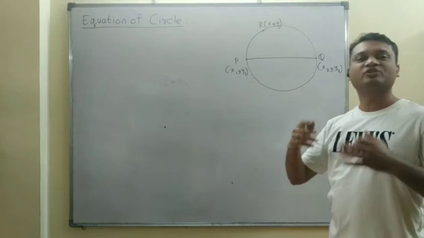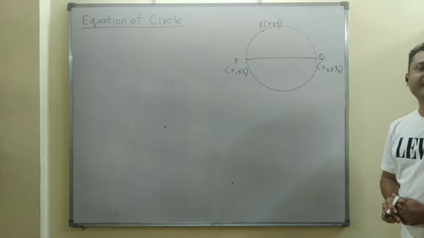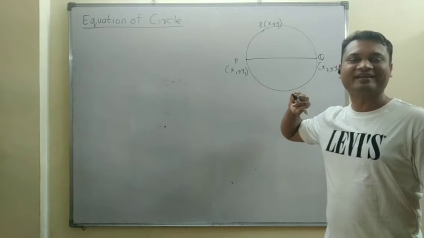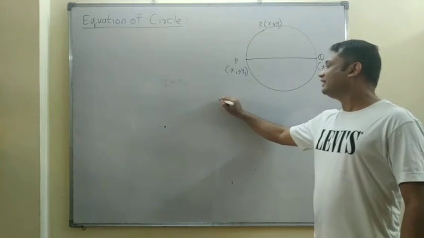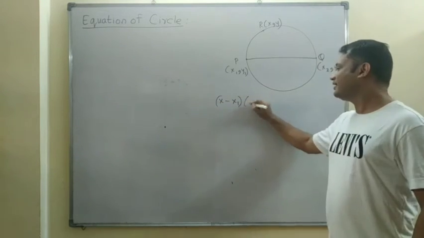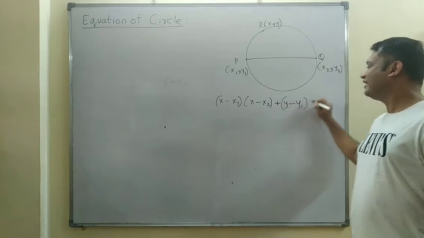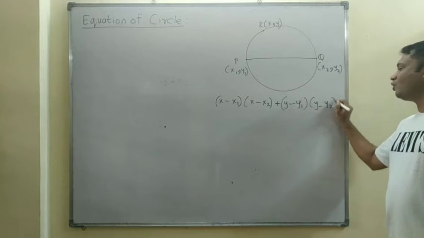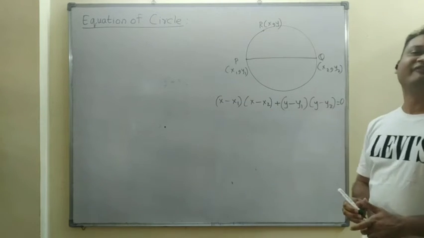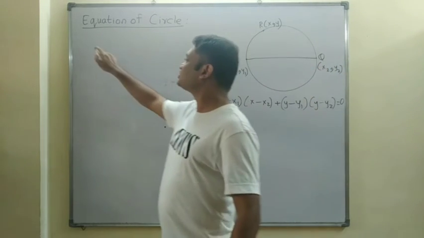P is one fixed point of the diameter, Q is another fixed point, and R is any general point on the circle. Then the diameter form equation is (x − x1)(x − x2) + (y − y1)(y − y2) = 0. So this is the diameter form of the equation of circle. So what are the four forms we studied?